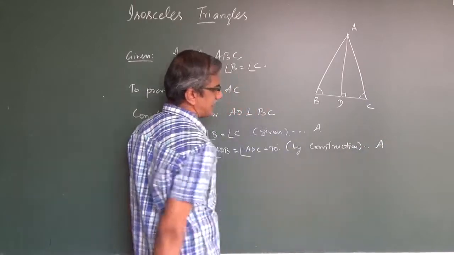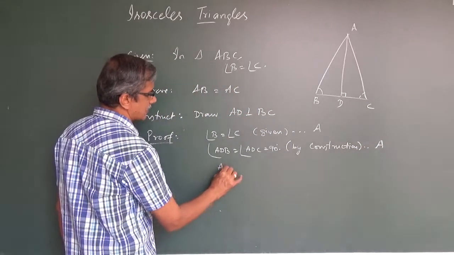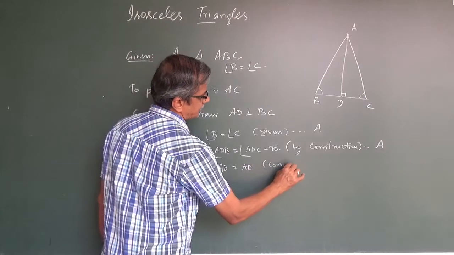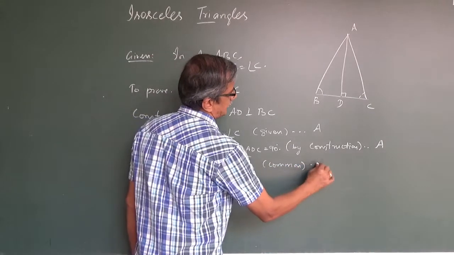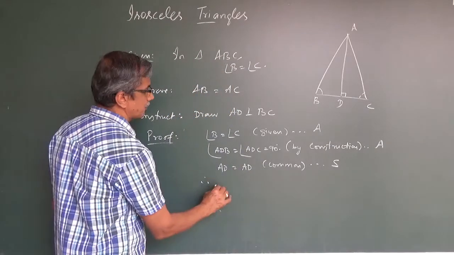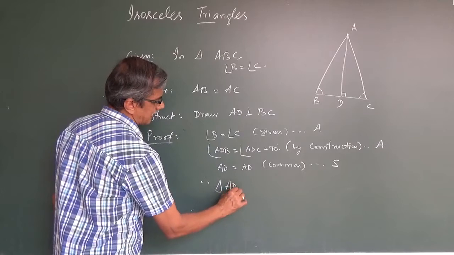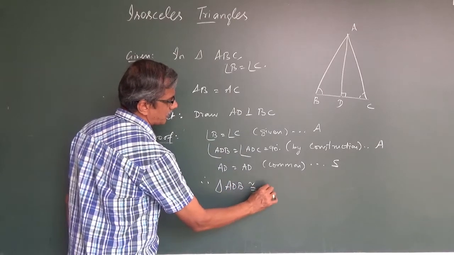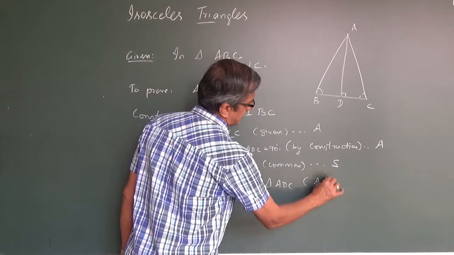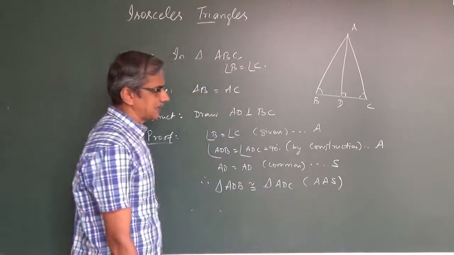And AD is equal to AD, it is common. So angle side. Therefore triangle ADB is congruent to triangle ADC by angle side congruency.